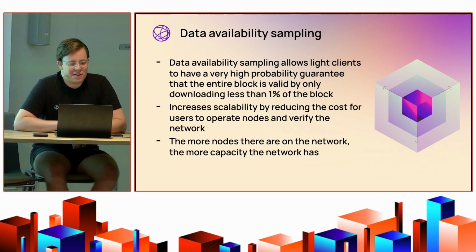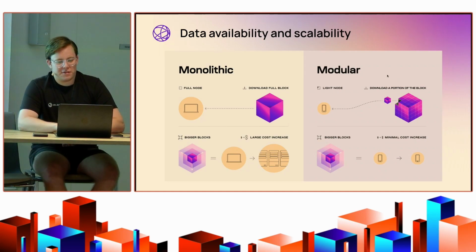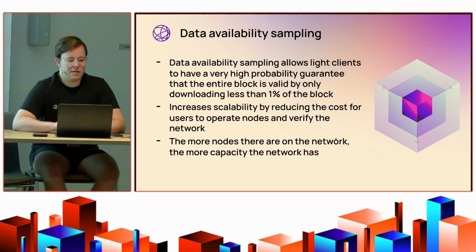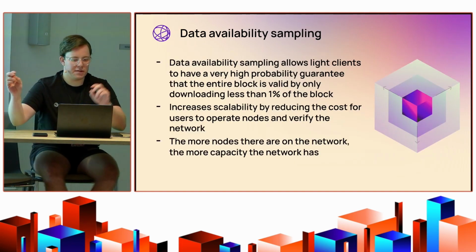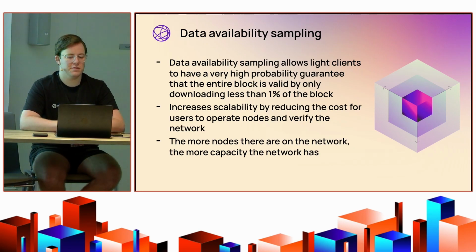So data availability sampling is something that makes this increase in block size but minimal cost increase possible. And that's the way that we're sampling little bits of data and then coming back to put our heads together and agree that the data is there. So data availability sampling allows light clients to have a high probability guarantee that the whole block is there and valid by downloading less than 1% of the block.